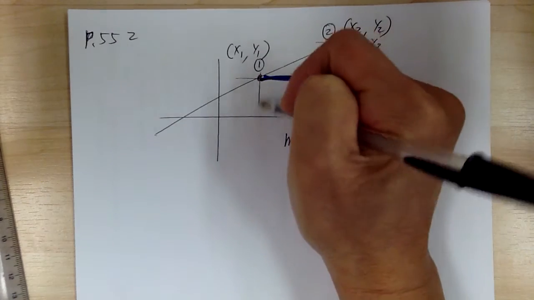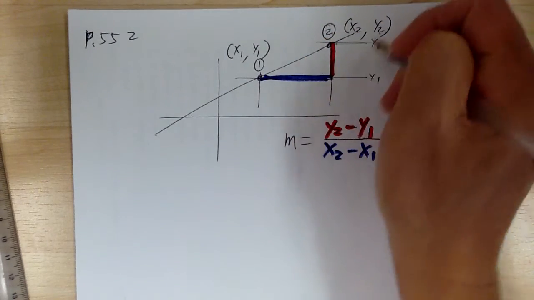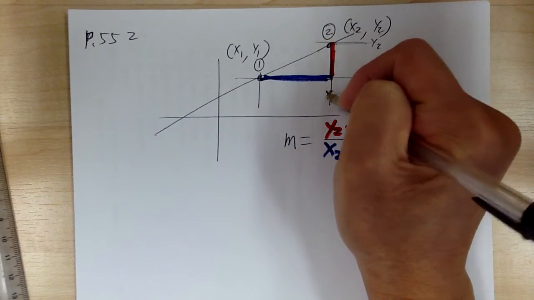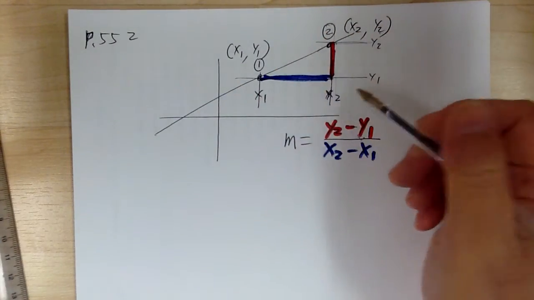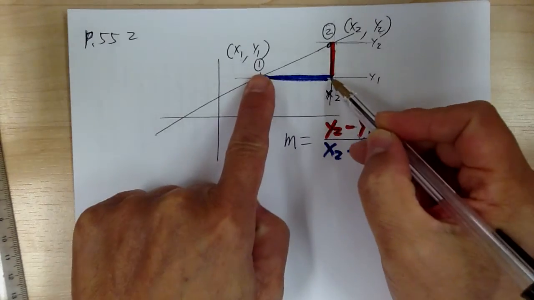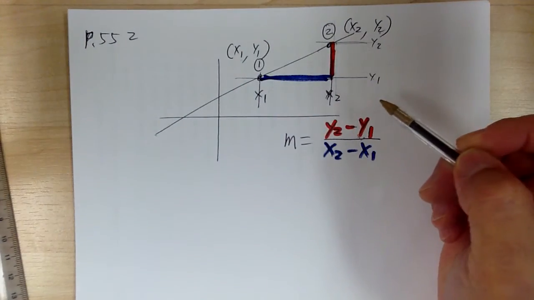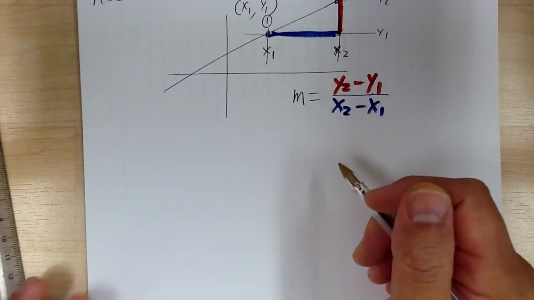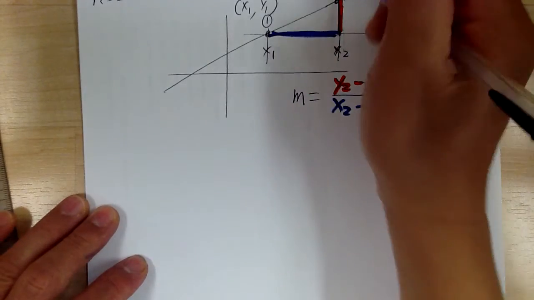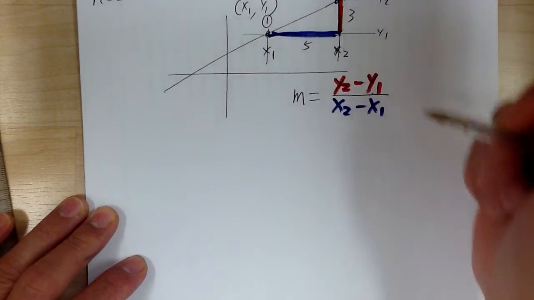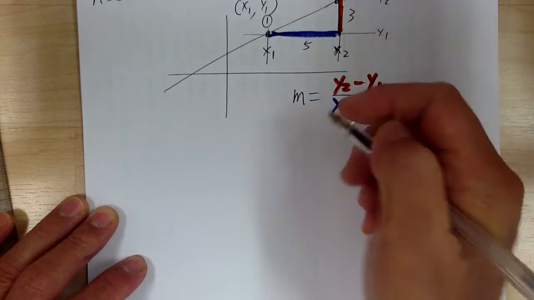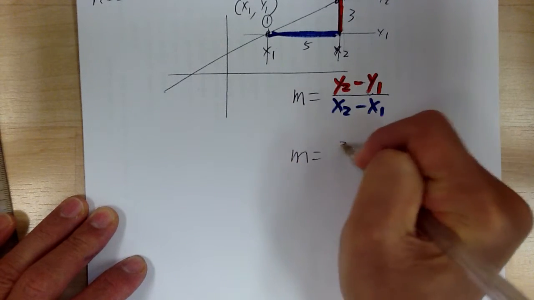Over here, same thing. After you do the y, you can do the x. This is your x2, that's your x1. You can see the points. So x2 minus x1 will give you this length over here. Let's give an example. If this is a 3 and this is, let's say, 5, then the slope would be equal to 3 over 5.